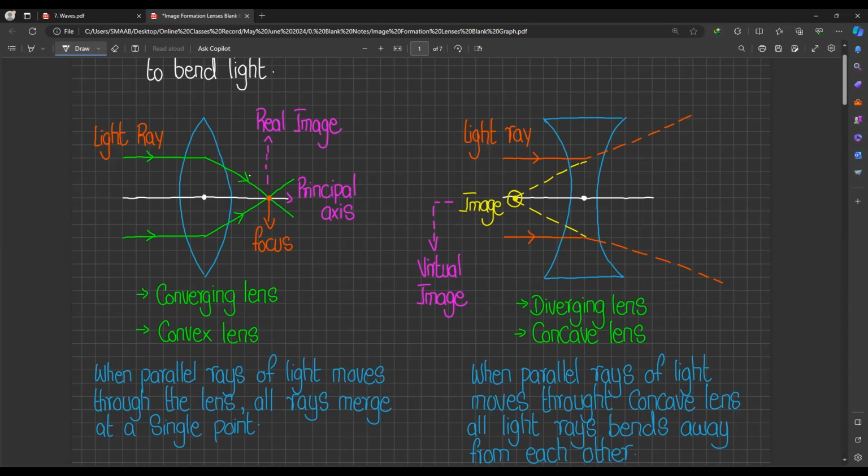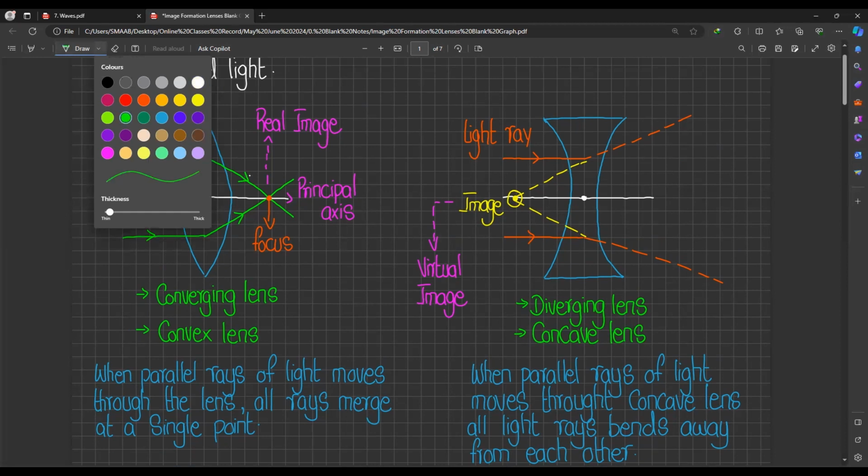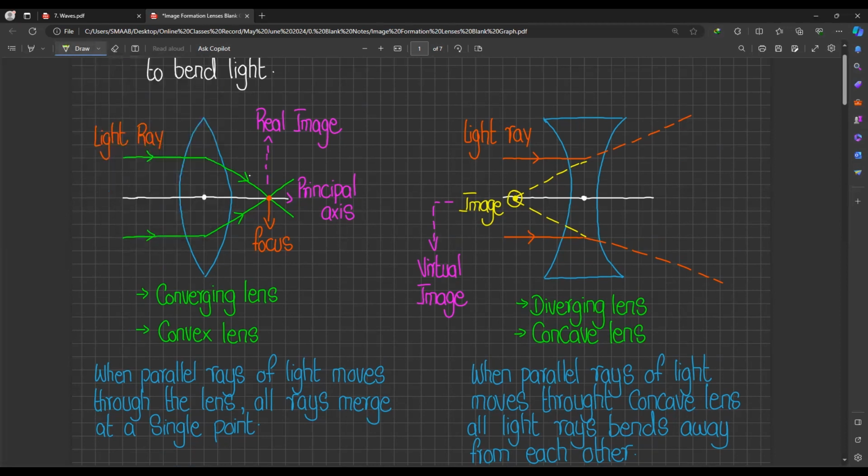And before that, there are a few terms, just like in our diagram we already marked them. So let's suppose this is the center, and this center point is known as the optical center. We also need to know about these terms, because now we call them by their original names: optical center, principal axis, principal focus.